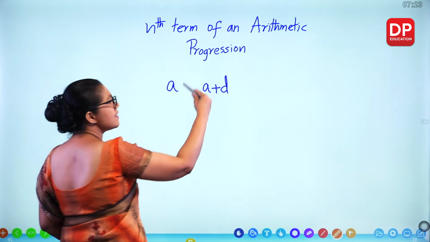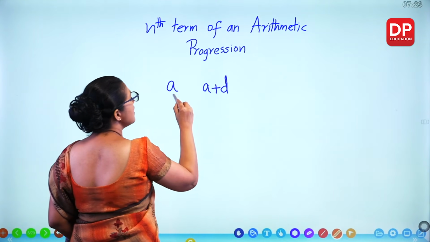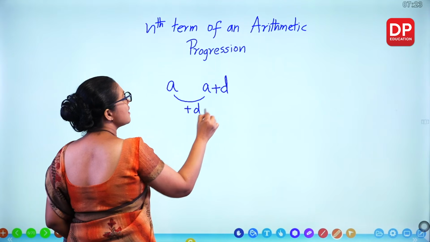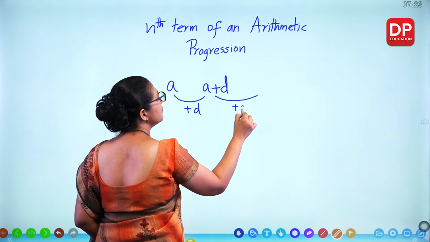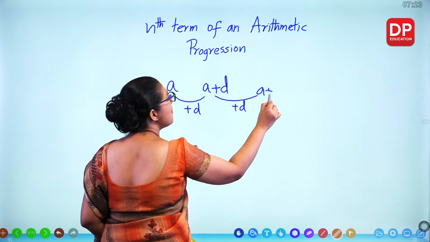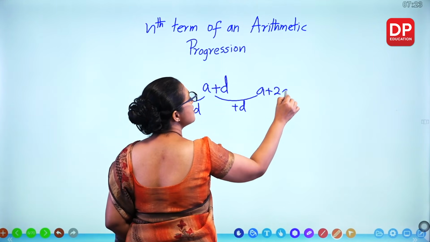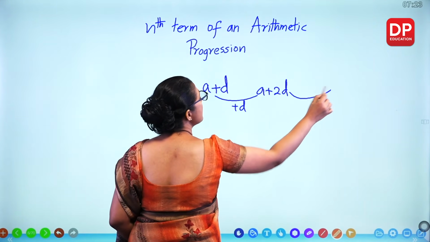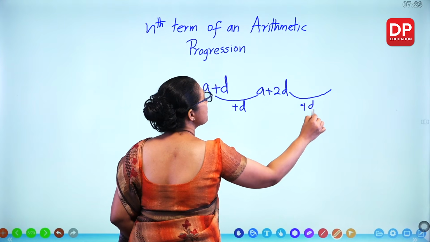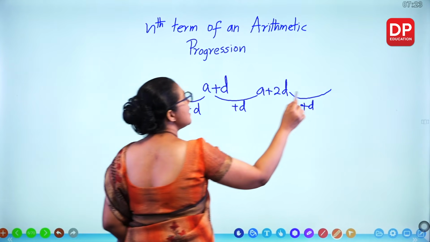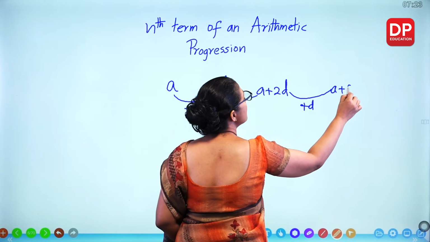Then again adding the common difference, you are getting the third term. A plus D and D becomes 2D, A plus 2D. If you take the next term, adding D again, A plus 3D.